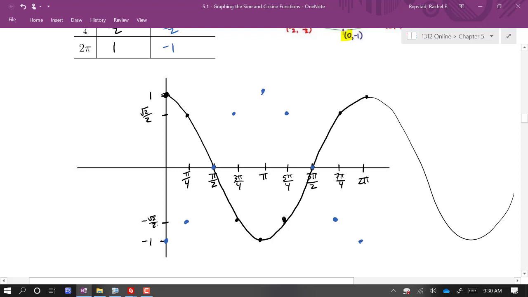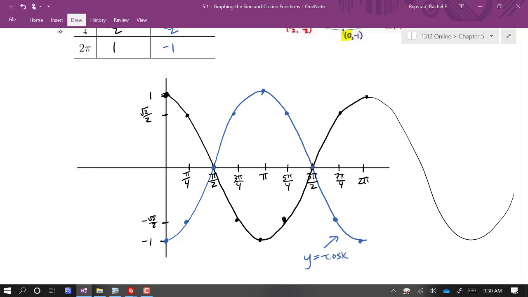And so if I connect, a smooth curve, right? I want to draw a smooth curve that fits these points as best as I can. And it looks like that. So this is y equals negative cosine x, and the black curve here is y equals cosine x.